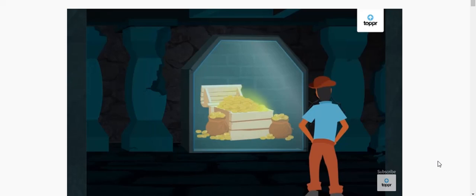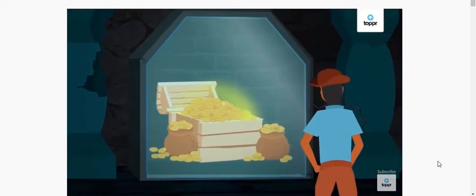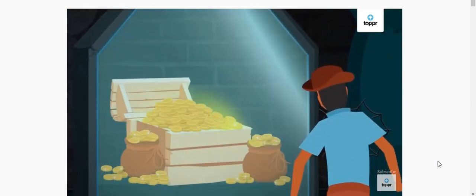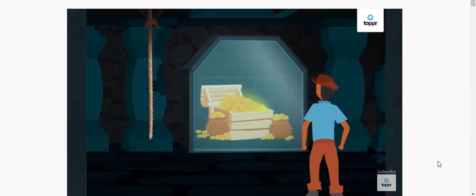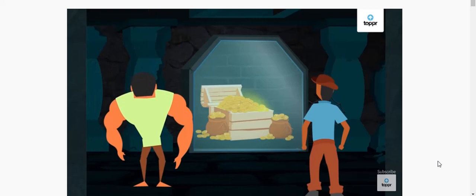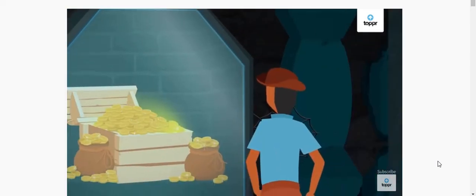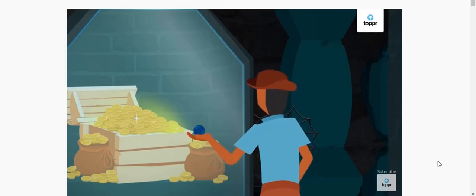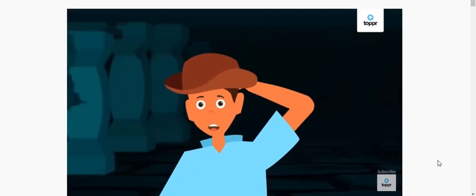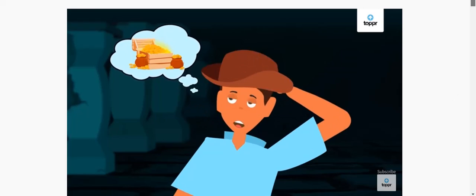But as you try to do that, you realize that the chest is behind a huge glass wall. To make matters worse, your arch rival is also there to grab the gold, and he has a giant rock to help him. You only have a marble in your pocket. What should you do to break the glass wall and take all of the treasure?